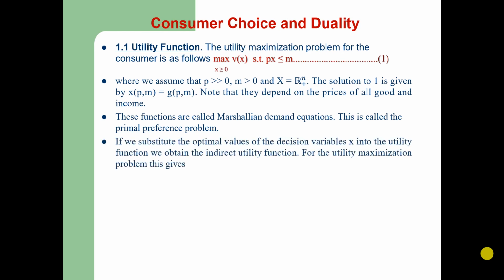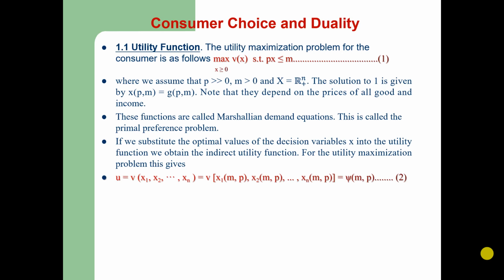If we substitute the optimal values of the decision variables x into the utility function, we then obtain the indirect utility function. For the utility maximization problem, this gives u is a v function of x1, x2 up to xn, and that is equal to v of x1, which is a function of m and p, x2 also a function of m and p, up to xn also a function of m and p, and that is equal to a function of money income and prices of various goods.